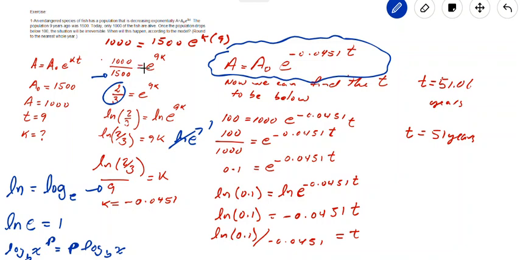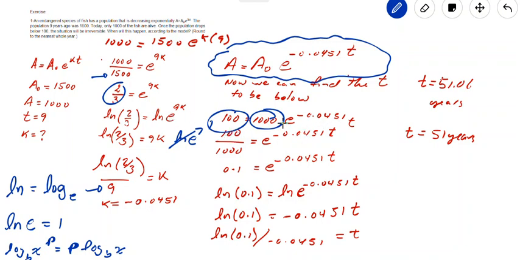fish? Now the initial population is 1,000. This is what we actually have at this time. 100 is the value that we're going to have several years from now. So we want to know exactly how many years from now we're going to have those 100 specimens.